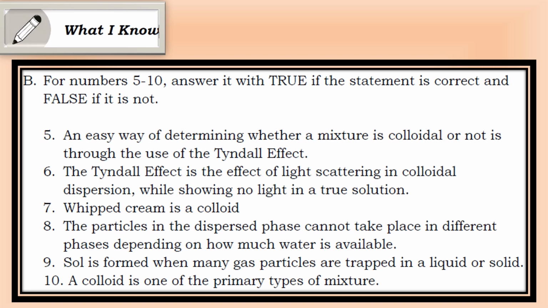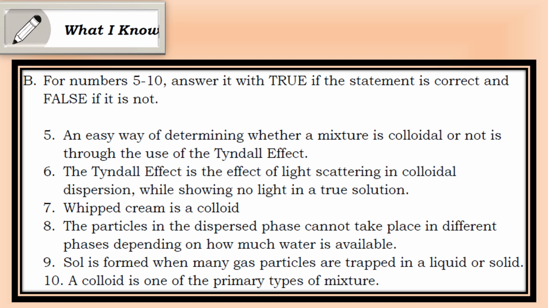Number 5. An easy way of determining whether a mixture is colloidal or not is through the use of the Tyndall effect. Number 6, the Tyndall effect is the effect of light scattering in colloidal dispersion while showing no light in a true solution. Number 7, whipped cream is a colloid.